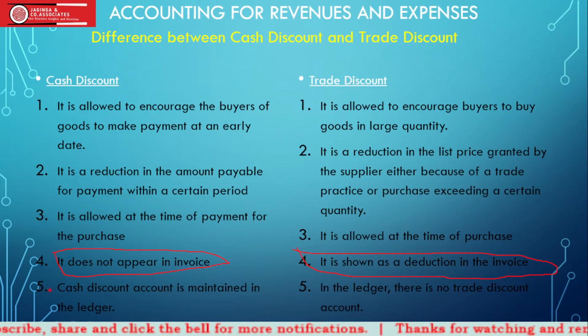And then lastly, cash discount is maintained in a ledger. Remember in our previous video, when we were doing the entries in the cash book, we had discount allowed and discount received. Discount received was income, and we were crediting it in the cash book, and discount allowed was an expense, and we were debiting the cash book.